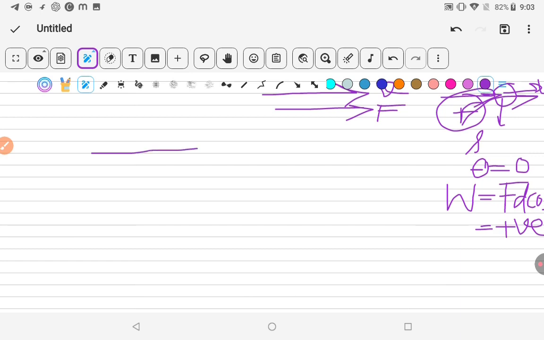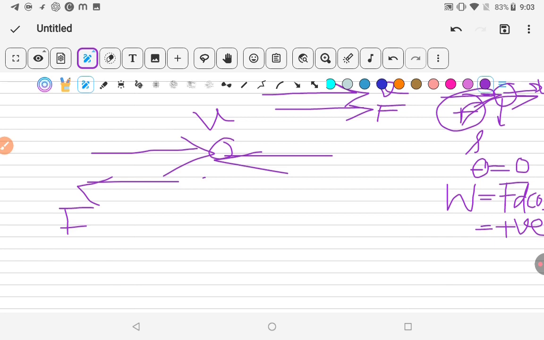Case 2: force is being applied here and velocity is here, that is, a particle is moving in this direction but the force is being applied in the opposite direction. Here the magnitude of velocity will decrease because the force is opposing the motion of the particle.